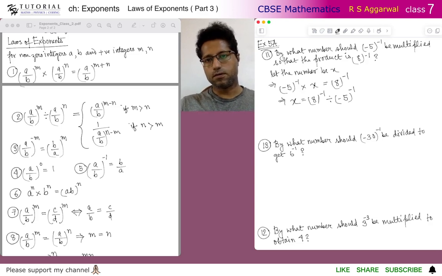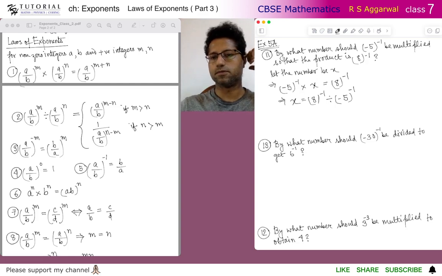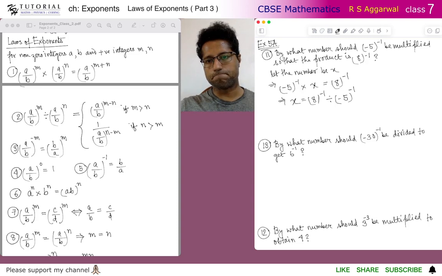Now, this is a division of two exponents. By exponents I mean a number in the exponential form. So in one of my previous videos I have already discussed division and multiplication of two exponents, that is, we have discussed the law a to the power m divided by b to the power m.